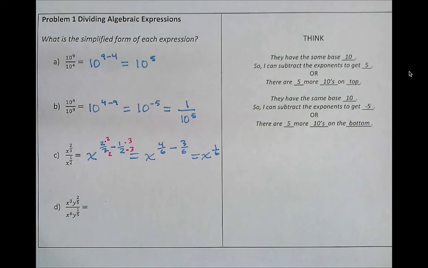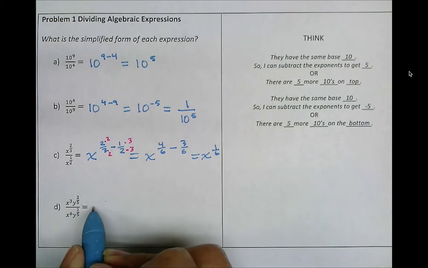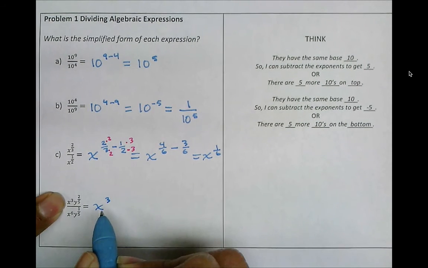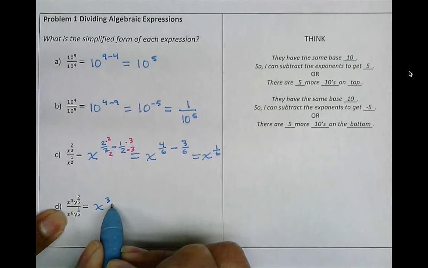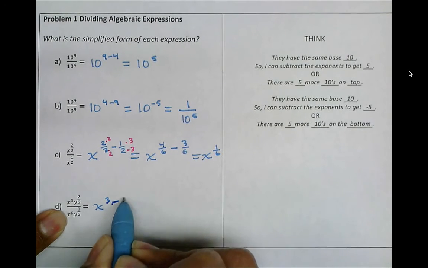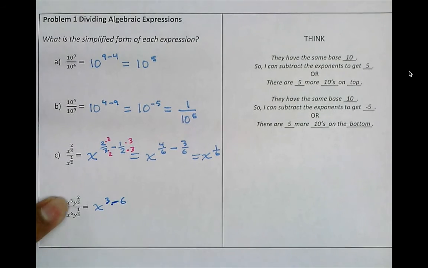In the second problem that involves rational exponents and also variables, we have x to the power of 3 first, divided by x to the power of 6, which means we have x to the power of 3 minus 6. So we're subtracting those two exponents.